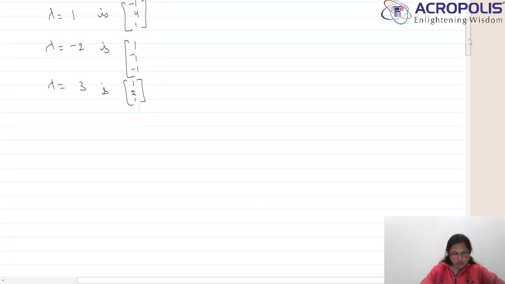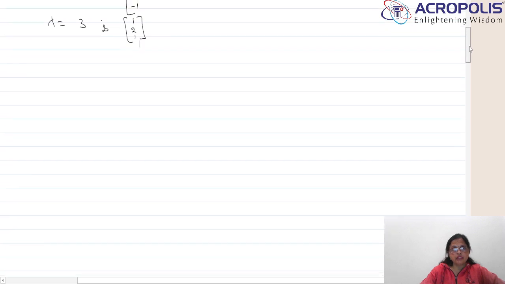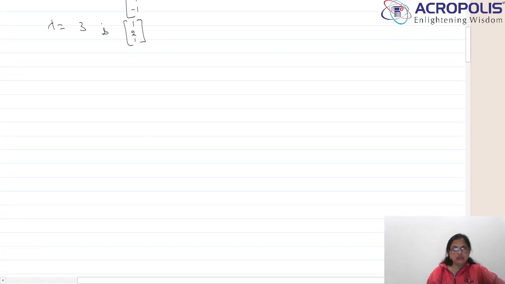Now we start with step third, that is, construct the model matrix. Model matrix P is equal to x1, x2, x3.